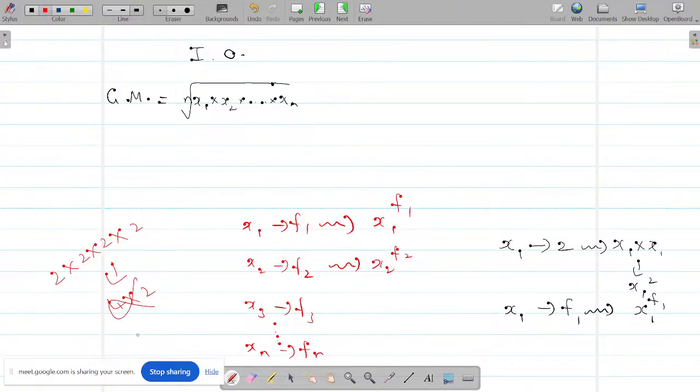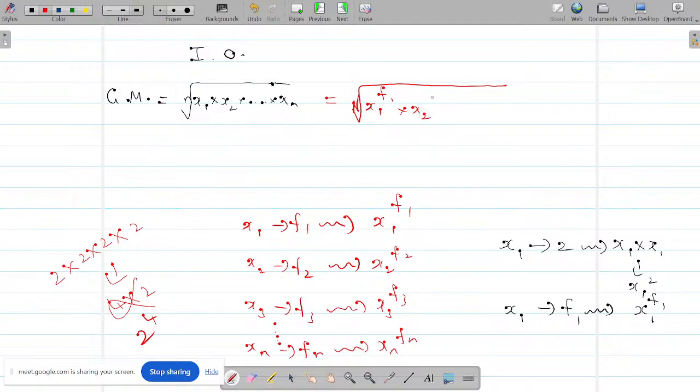So I take this as 2 power 4. So here it will appear as x3 power f3, and here as xn power fn. So now I take the capital Nth root of x1 power f1 into x2 power f2, all multiplied till xn power fn.